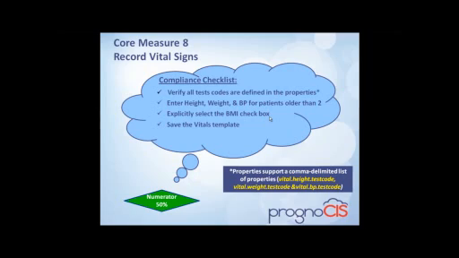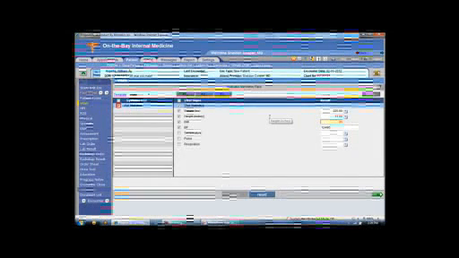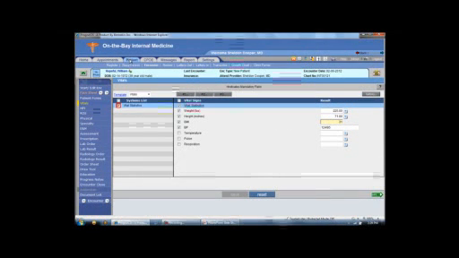And then just as an FYI, even though growth chart is not a requirement of attestation, it is part of the defined objective. So if you were to get audited, for instance, and you needed to demonstrate the growth chart, back in Prognosis, if you notice up here underneath our patient menu, we have an option called growth chart.